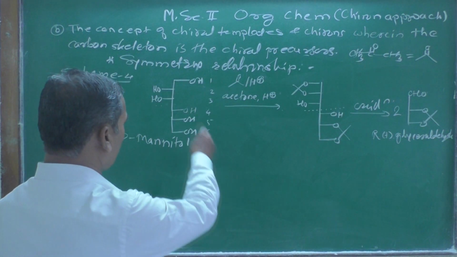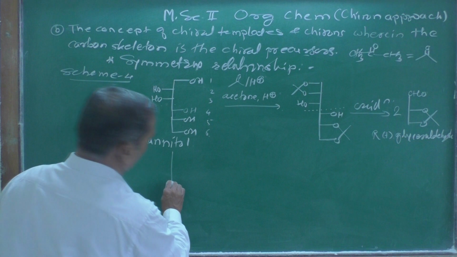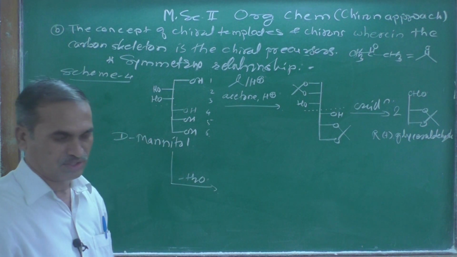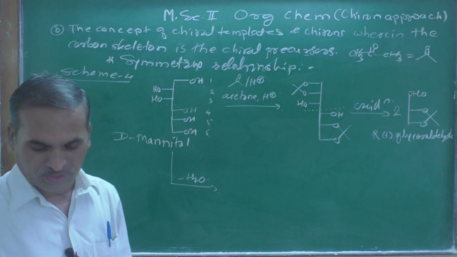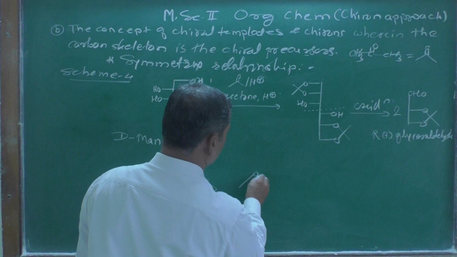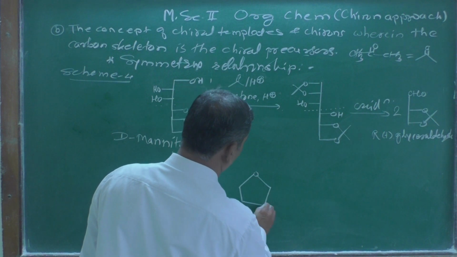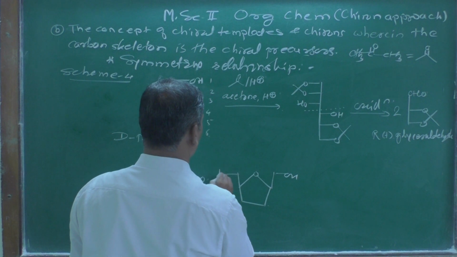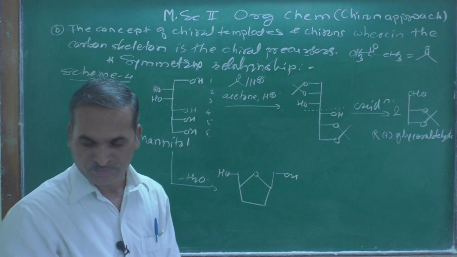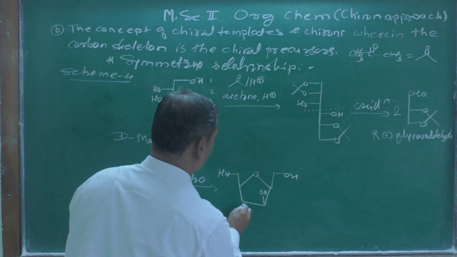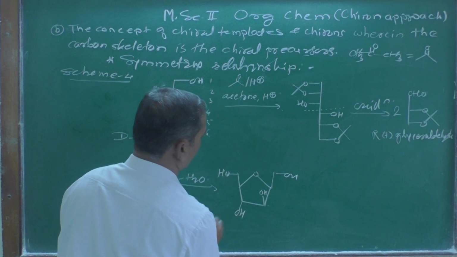Now this D-mannitol, again if you remove water from it, a dehydration reaction takes place. What do you get? You again get a symmetrical molecule like this, a 5-membered ring, with OH here and OH here, and now one OH will be above and one OH will be below.